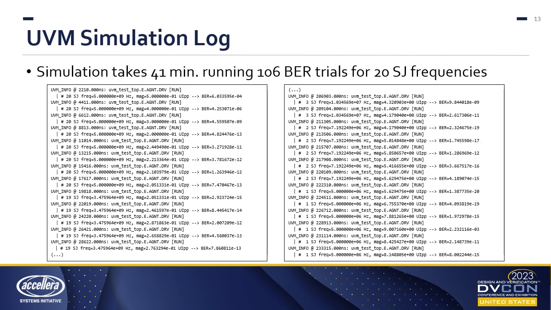For the UVM simulation measuring the jitter tolerance at 20 SJ frequencies, the test bench ran a total of 106 trials, which took about 41 minutes in total. This is the simulation log listing each trial and its results.